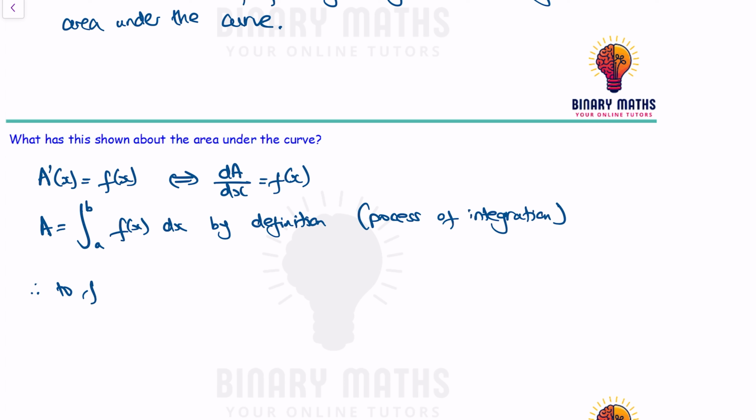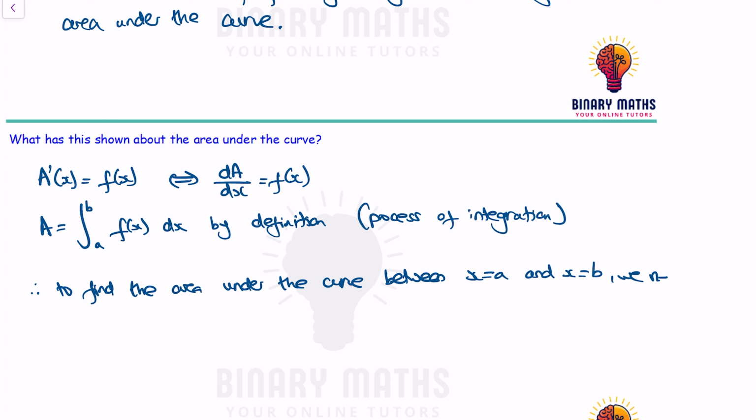Therefore, to find the area under the curve between x equals a and x equals b, we need to find the antiderivative of f of x, which is integration.